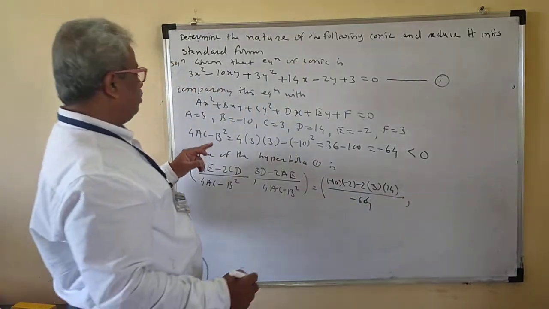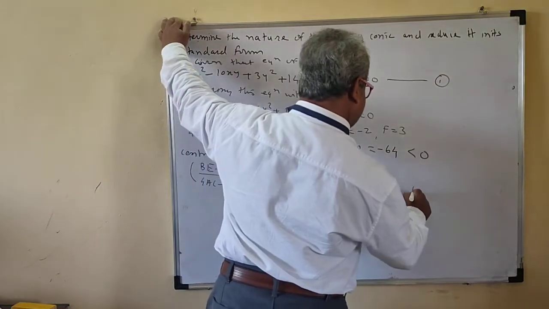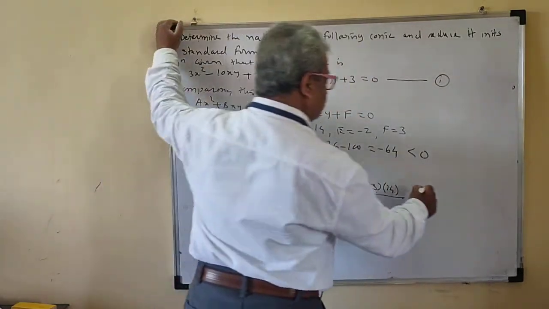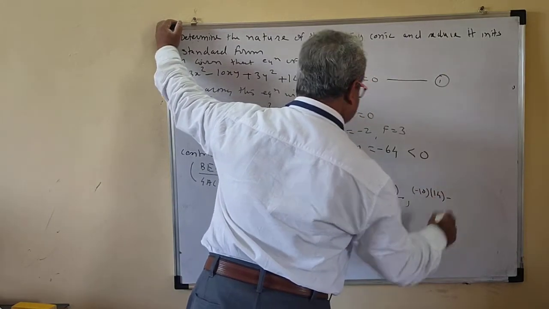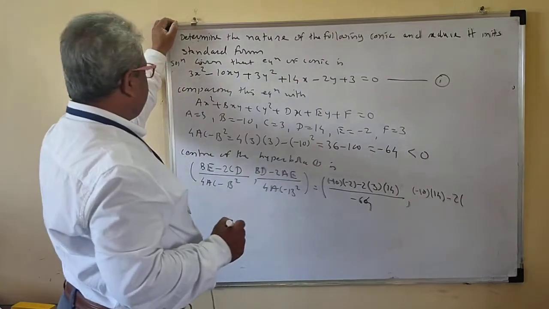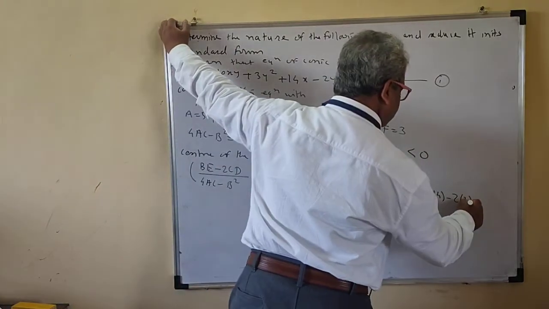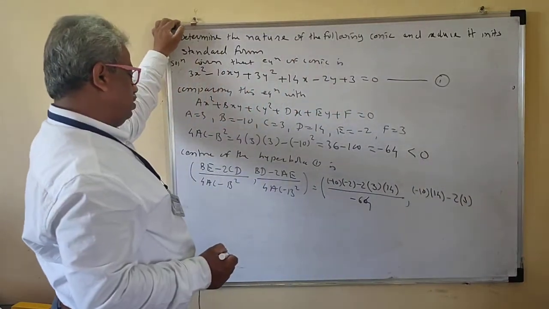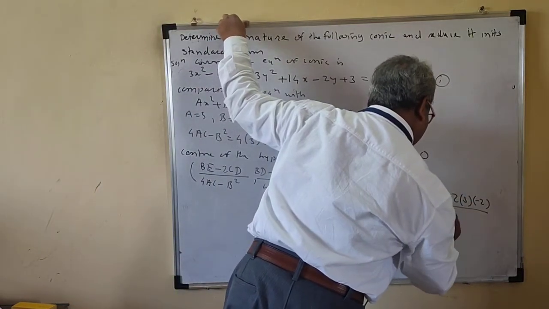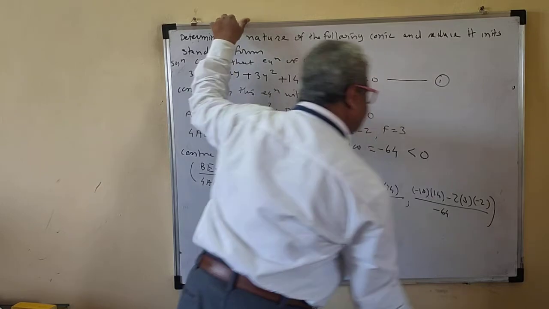B is minus 10, D is 14, minus twice A is 3, and your E is minus 2, upon minus 64. Values are very important here.